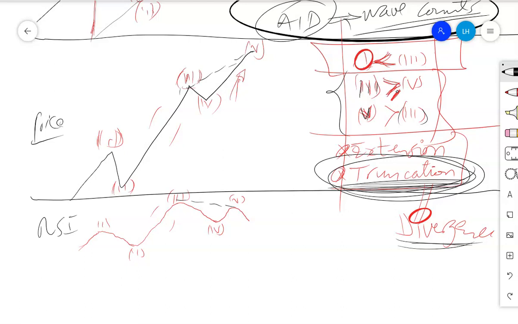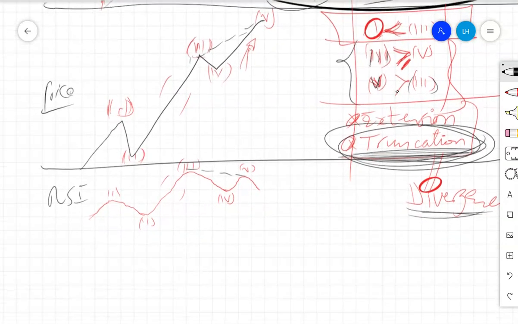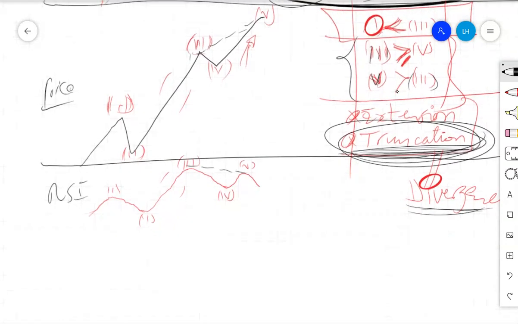Now, I had linked the issues on divergence, but my intention was to explain the idea of extension and truncation. So you'll find that divergence occurs when the volume in the fifth wave is less than or equal to the volume in the third wave.